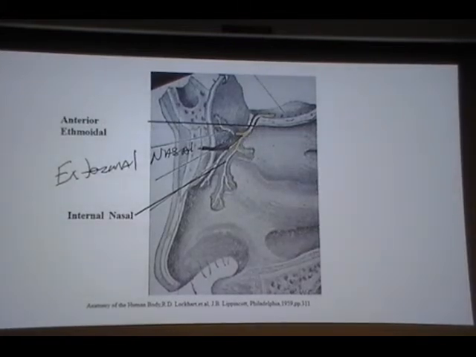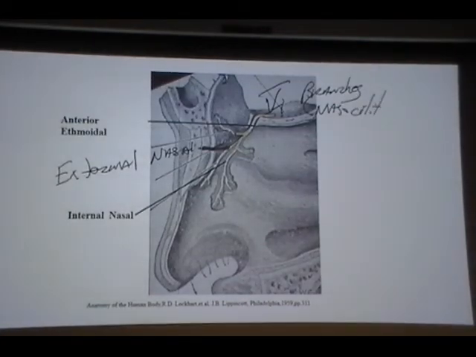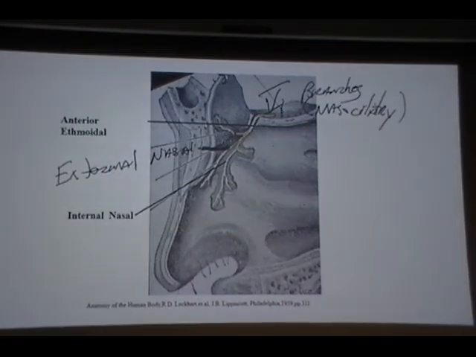Okay, so that is V1 branches from the nasociliary. It's believed that this also innervates the mucosa of the frontal sinus. Which one's the external nasal again on here? I don't know if I can see. I'm just drawing it as an addition. Oh, okay.